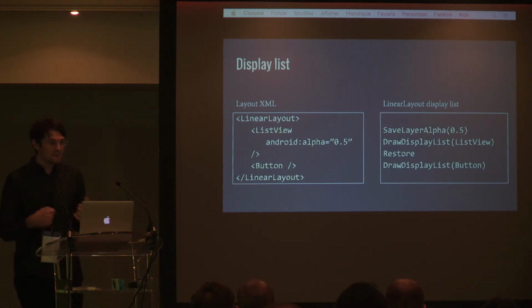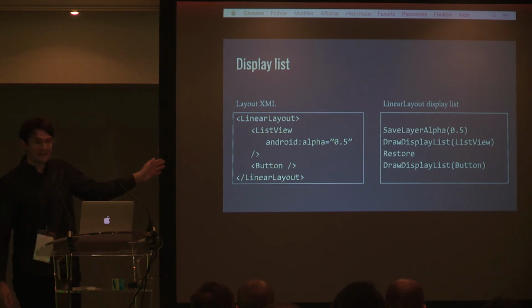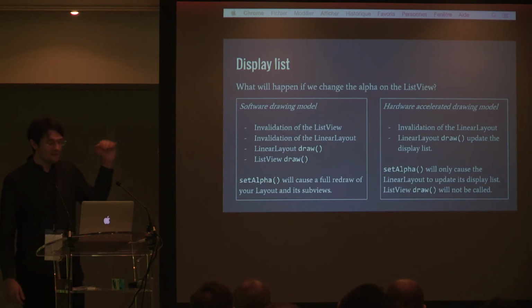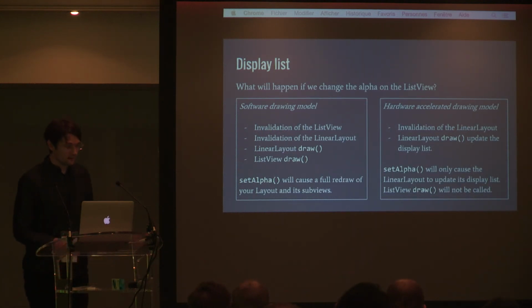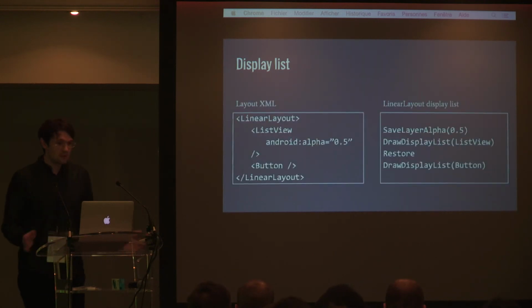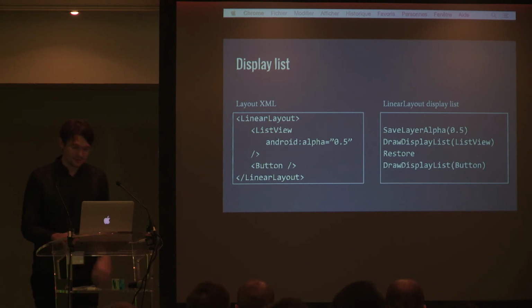So if you have heavy operations in your onDraw, they are not called. So it's very good for animation. It will invalidate only the parent, the linear layout. It will cause the linear layout draw to be called, to add the save layer alpha and the restore, and it will be drawn. So it's very, very light to change alpha on hardware acceleration compared to the traditional model.